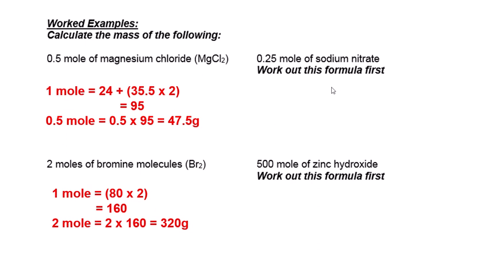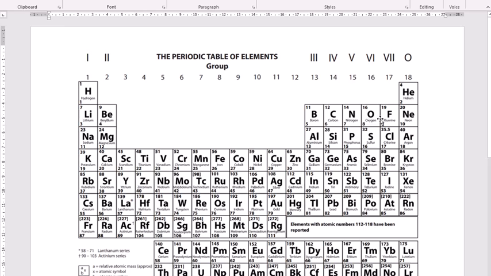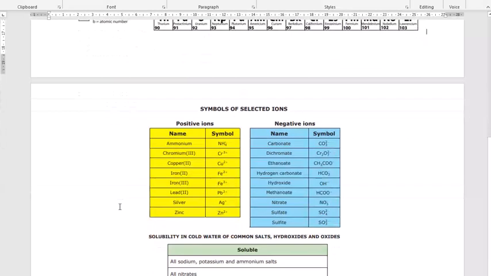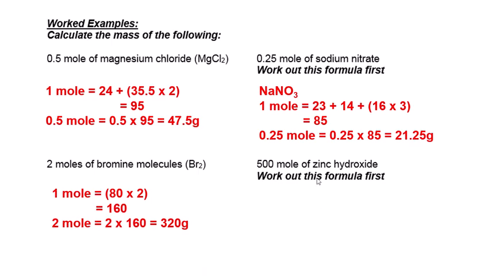Now, these ones over here, we haven't got a formula for these, so let's work out the formula first. So sodium nitrate. Now, if you're not sure of it, again, I'll flip up the periodic table just to remind you of this. So sodium is here, so remember group 1 is +1. If we go to our data sheet, nitrate is there, NO3 minus 1, so Na plus 1, NO3 minus 1, so the formula has to be NaNO3.